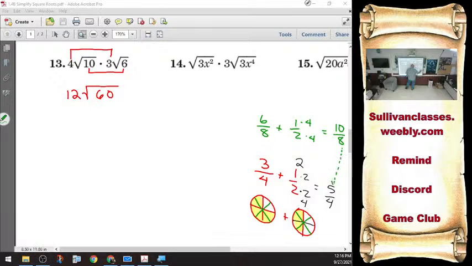This is the same as this. They both have 2 in common, so I can divide. I never left my answer as 10/8. I would never leave it like that because I can simplify. Just like on radicals, I will never leave it as 12 squared to 60 because that's not simplified.